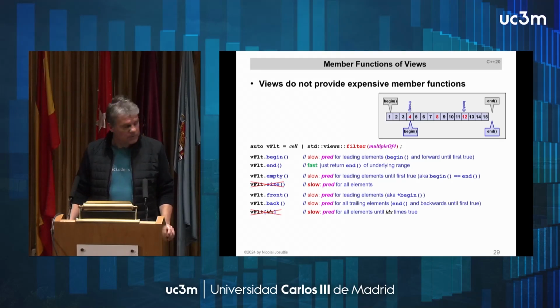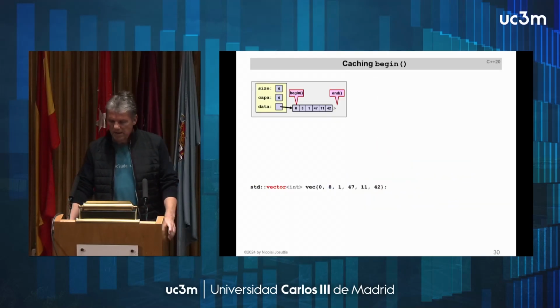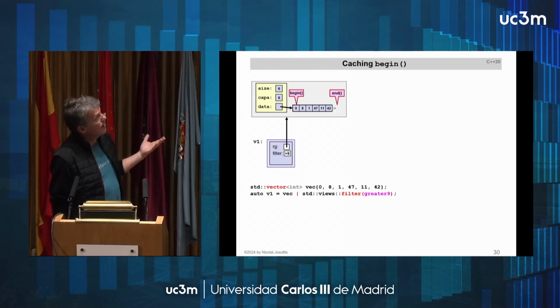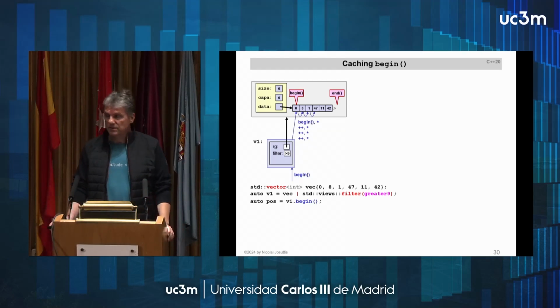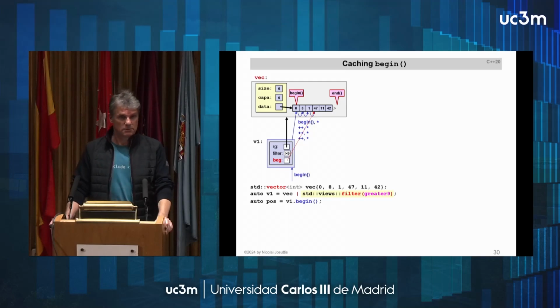Well, the designers of the filter view thought about it and came up with a great solution. The great solution is, when we have a vector and we have a filter on the vector, and we call begin, which means we have to look at the first element until we have a match, that element is cached.